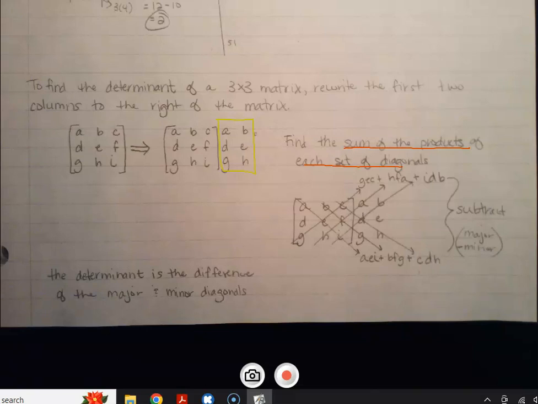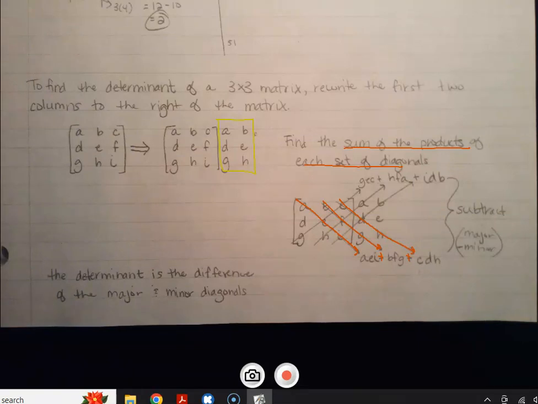I like to organize my work from the top, like the major diagonals, and then the minor. So we're going to take A times E times I, and we're going to add that to B times F times G, and we add that to C times D times H. Okay, so we're finding the sum of each of those products.